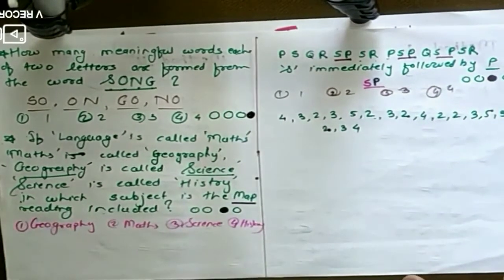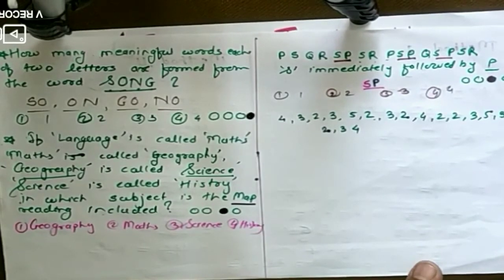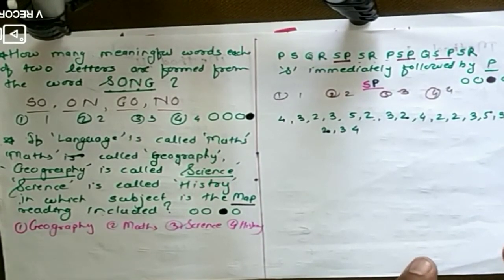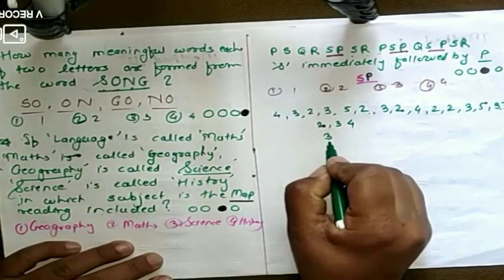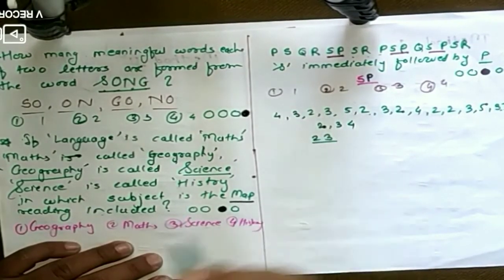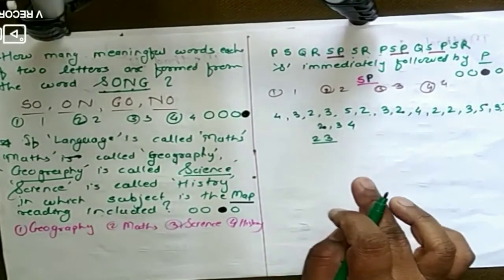These are the number series they provide. In this number series, how many times does 3 follow 2? 3 follow 2 means 23. We have to find 23 inside it.